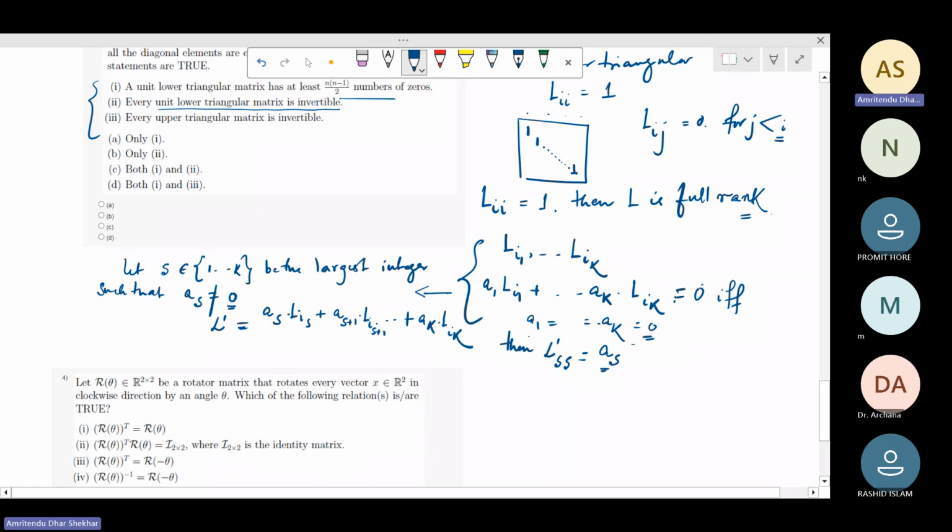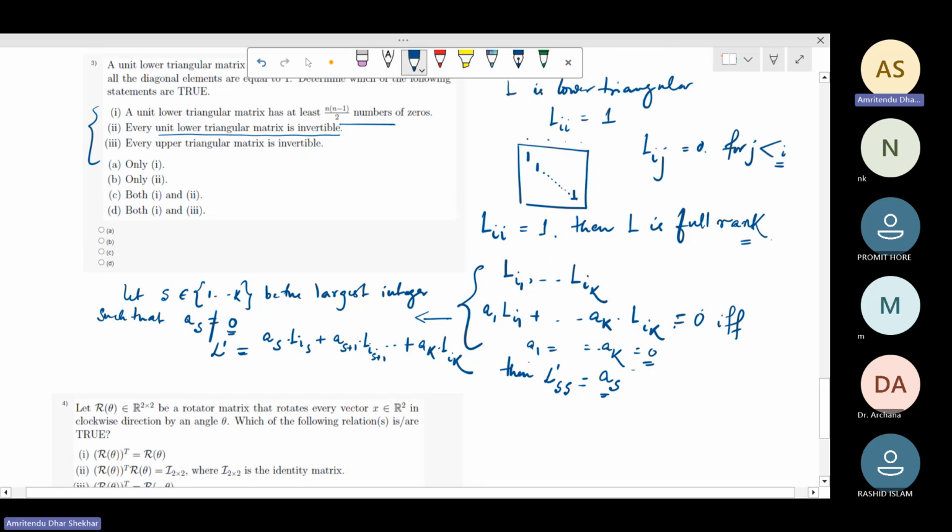It's never going to be equal to zero. And so the columns of L are always going to be independent, and so L is full rank.